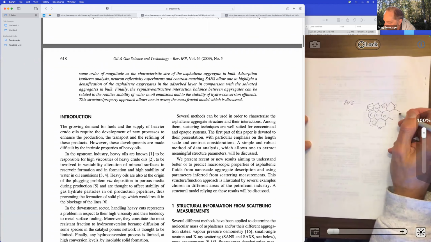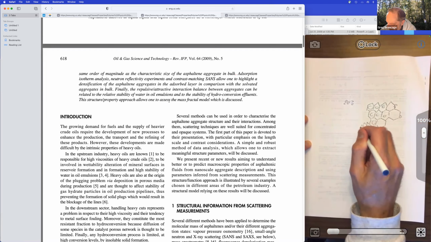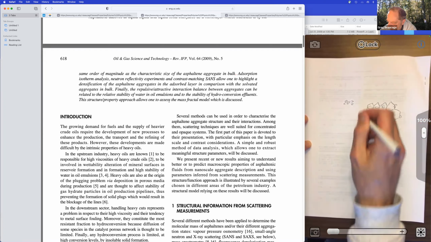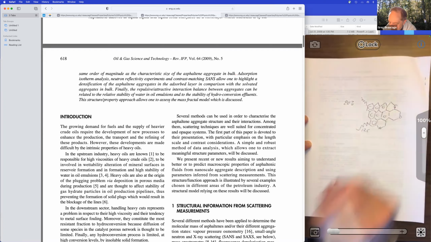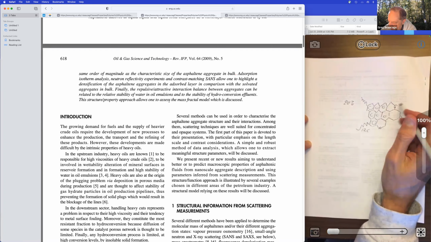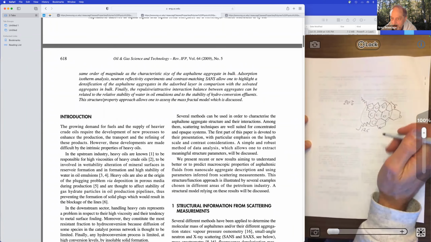And then you can also have alkyl chains off the side, like 12 carbon alkyl chains. Every molecule doesn't have all those features, but basically they'll all have this polyaromatic hydrocarbon part.